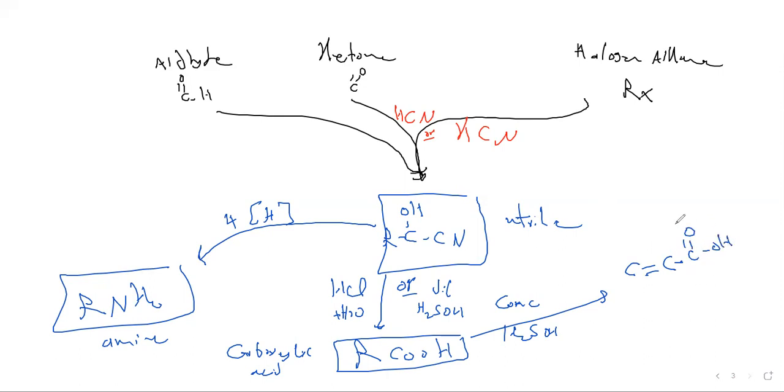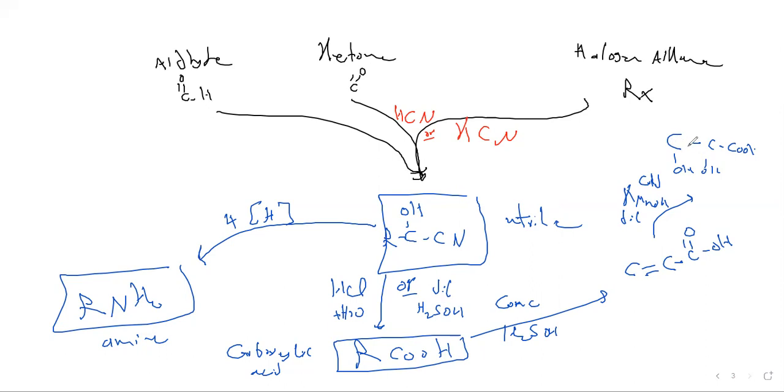Then, by reacting with potassium manganate, this is called diluted potassium manganate, it will be diol. So it will be COH, COH, then COOH.